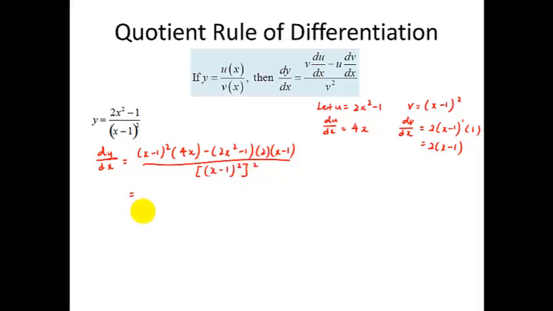Simplifying. To simplify, in this case, I decided I shall not open up the brackets. Instead, I'm going to do factorization. This is because if I were to open up a squared term and multiply 4x, it will get very messy. So I'm going to do factorization in the numerator instead.